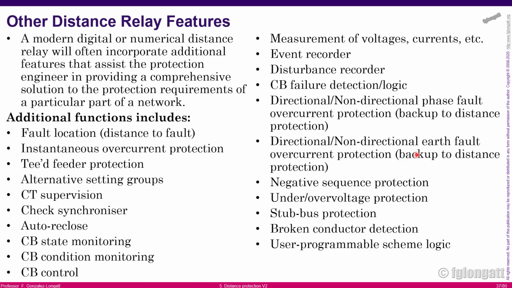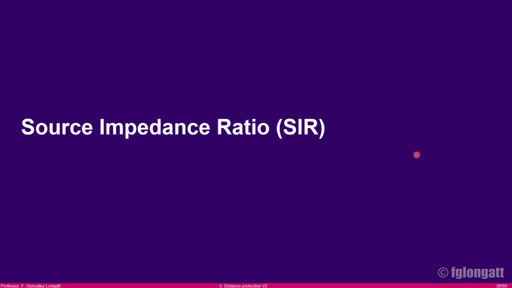Well, but I need to keep talking about the importance of the source impedance in defining the voltage at the relay location, okay? What I want to introduce right now is the concept called the source impedance ratio, okay? A few slides ago, I said that the voltage at the relay location is extremely important because it defines the capability of the relay to identify faults, okay?